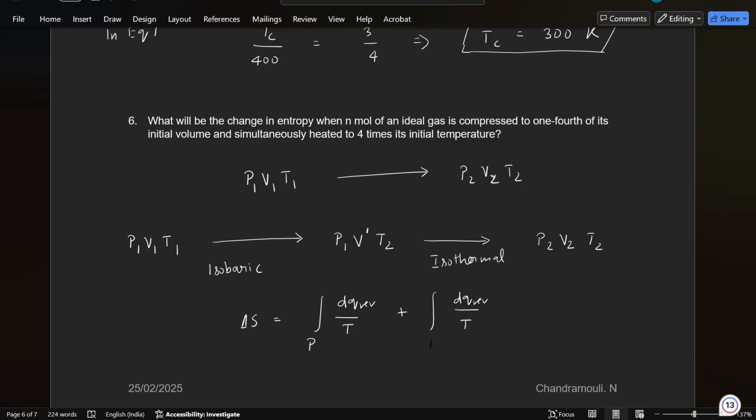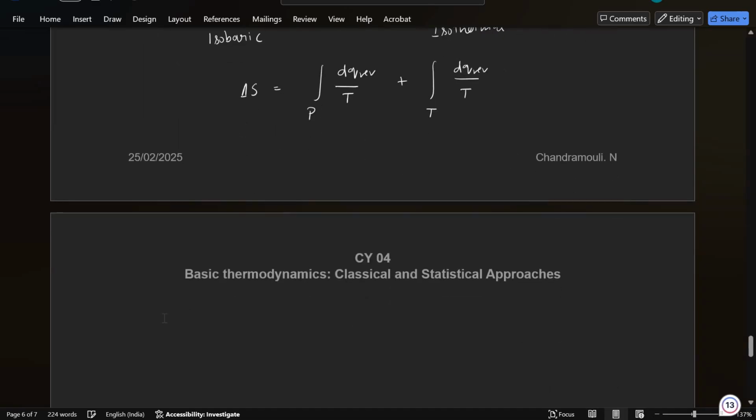Here, temperature is constant, so I'll keep it. Now, when pressure is constant, what is the dq? Can you tell? Constant pressure, what is dq?